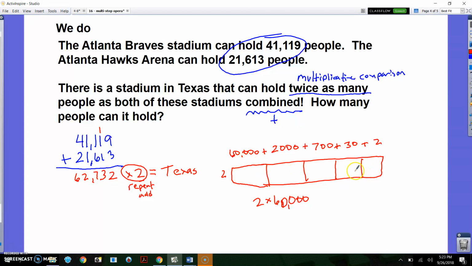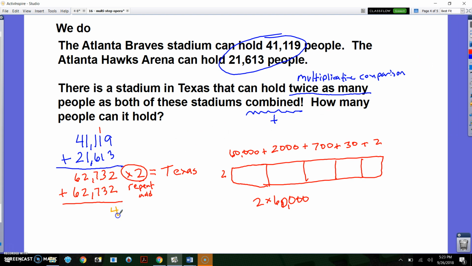There's nothing wrong with that, and I encourage you to do it. I'm going to go ahead and do repeated addition. Since I just have to do it times 2, it's not like I have to do it times 30 and add it over and over again. I'm just going to take my 62,732 to multiply by 2, so I'm just going to add it one extra time. Because I actually think that might be the easiest way to do this addition. So I think I'll do that.